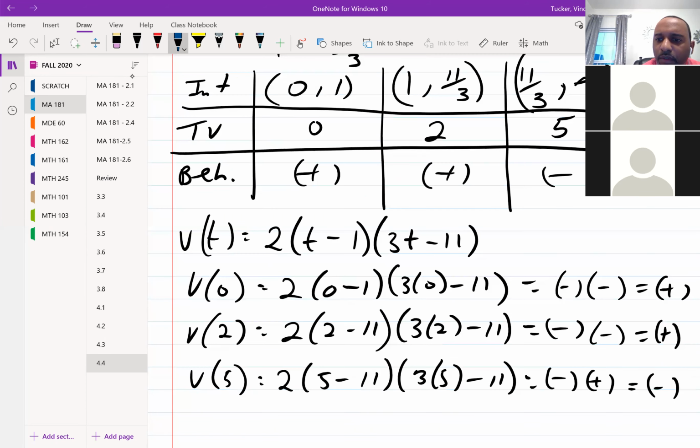And then 15 is going to be positive. It's not working out right. What is wrong? This is supposed to be negative. Should be a negative times a positive. And then down here, I should get positive times positive. There's something going on right here that I'm not seeing. Something I'm not doing right.